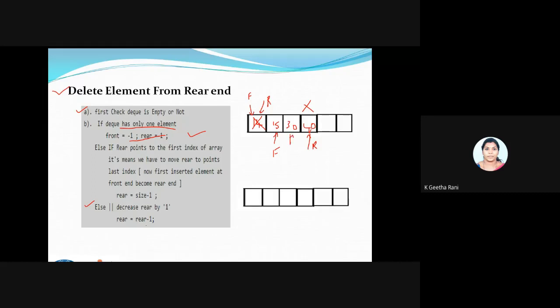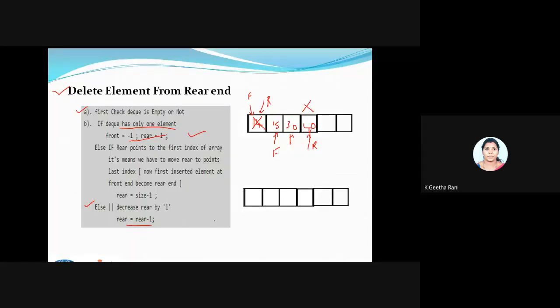That is what is given here: r is equal to r minus 1. So we saw three conditions. One is empty. The second is if you have only one element. And the last is if you have many elements, I can just decrement the rear pointer by r is equal to r minus 1.